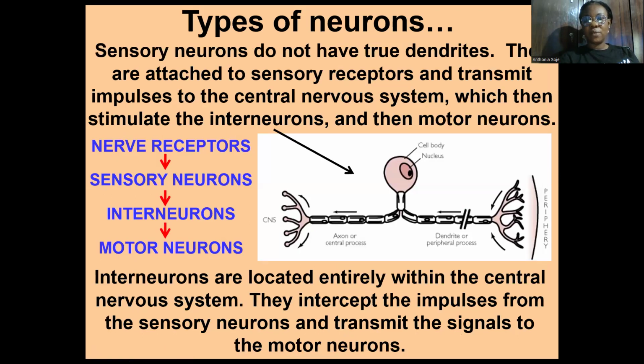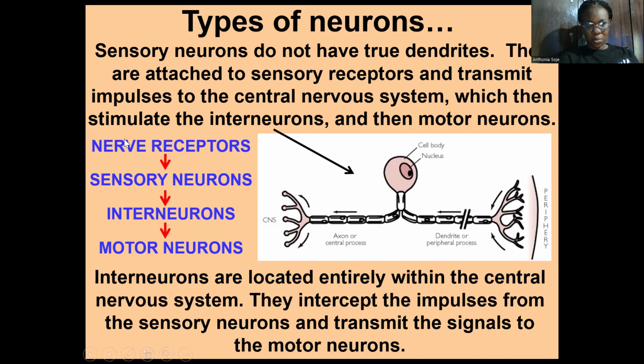Sensory neurons do not have true dendrites. This is a picture of a classical sensory neuron. They don't have the true dendrites compared to the one we just saw. They are attached to sensory receptors and they will transmit impulses to the central nervous system. And this will then stimulate the interneurons and then motor neurons.